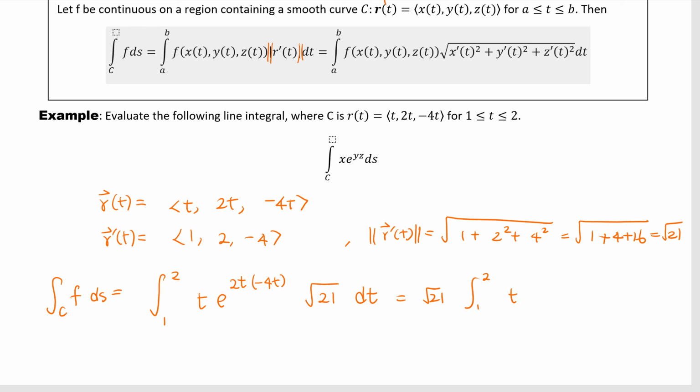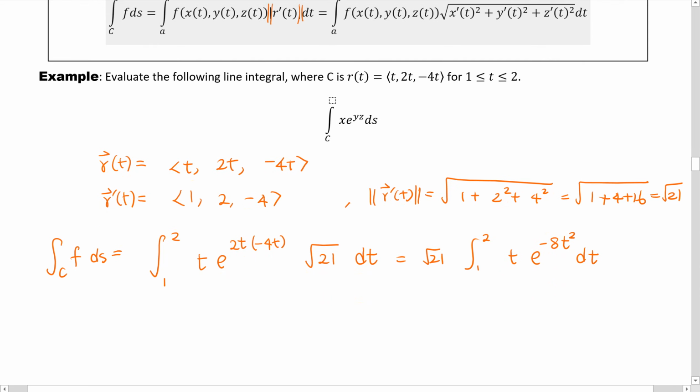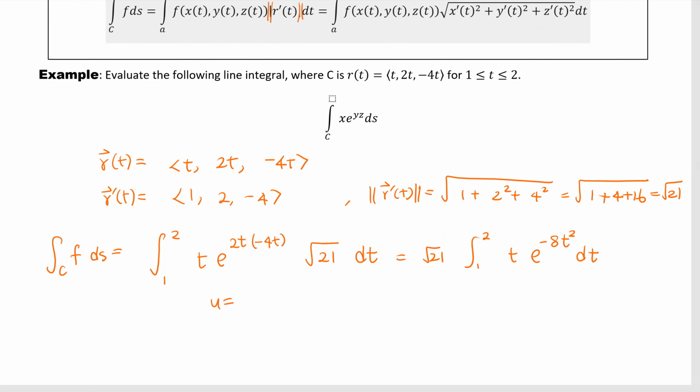Okay, so this is t, this is e to the minus 8t squared. You see, this is t squared, this is t. What method can we use? Yes, u substitution, right? Let u be minus 8t squared. du is then minus 16t dt.